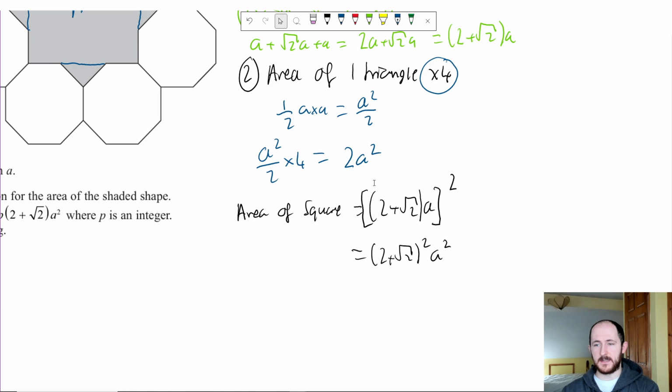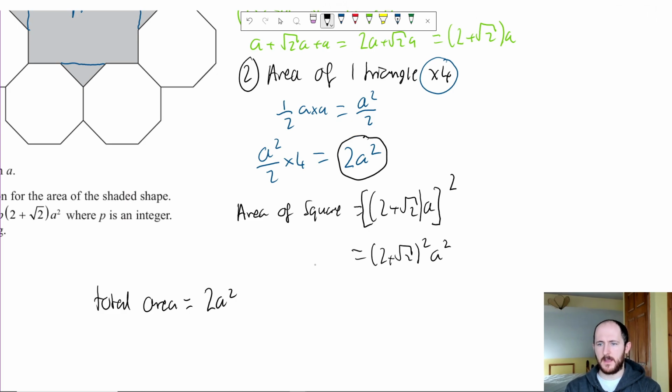And then all we need to do is simply add these two things together. So the total area is just 2a squared from here plus (2 plus root 2) squared a squared.